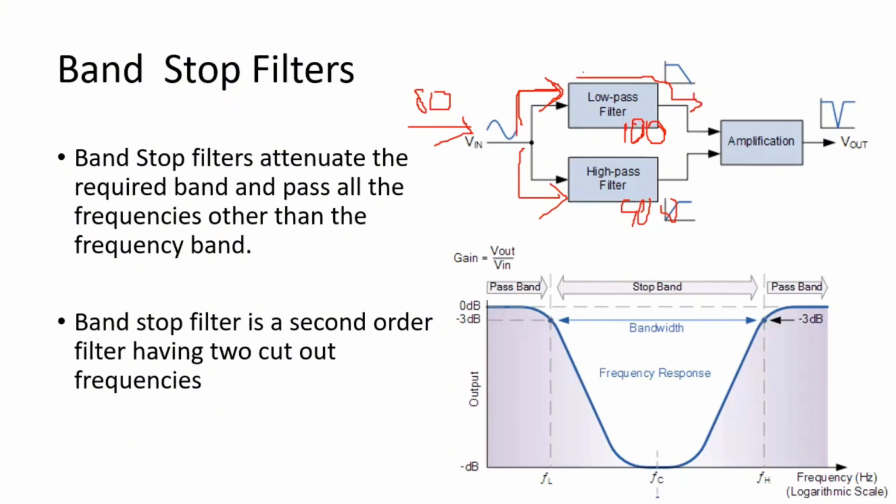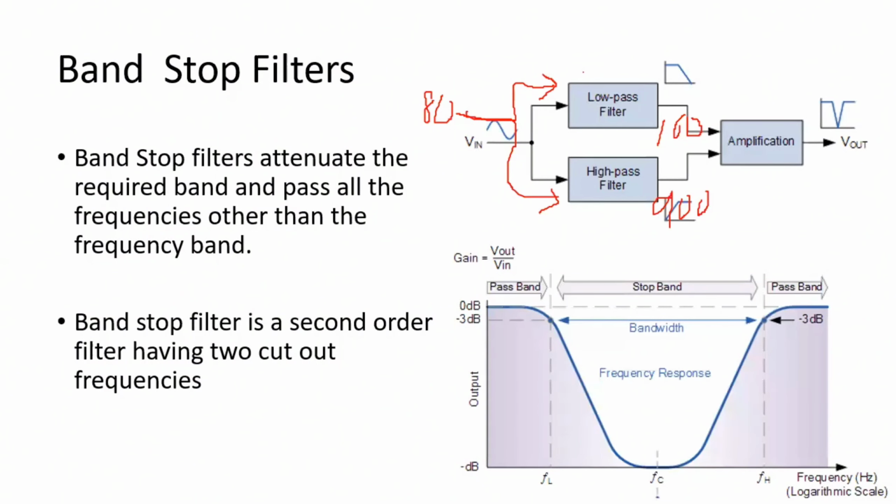But the high pass filter, sorry, the low pass filter will pass the 80 hertz signal, but the high pass filter will not pass the 80 signal, since it is only passing after the 900 hertz.